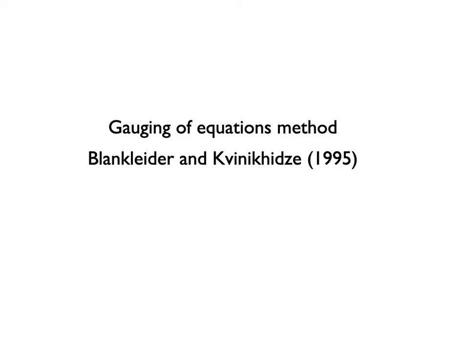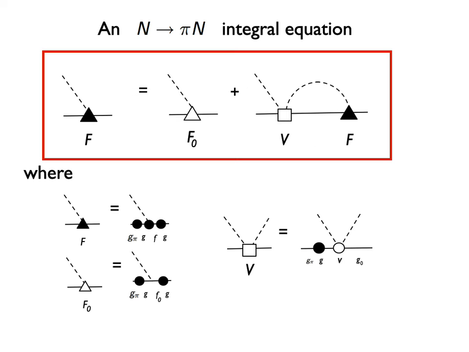The method is based on the observation that complete attachment of photons to all diagrams generated by an integral equation can be achieved by attaching to only a finite number of places in the integral equation itself. So with that in mind, we could construct a photoproduction amplitude by gauging this n to pi n integral equation, which is a slightly modified version of the one that appears in the standard description of pion scattering.